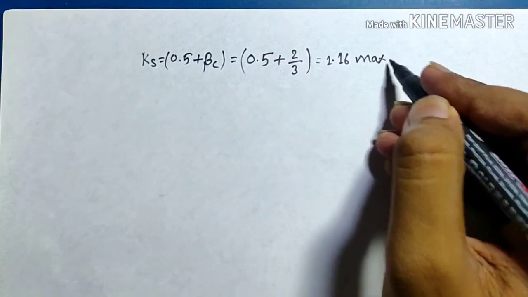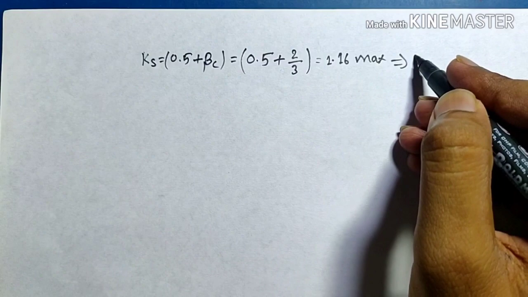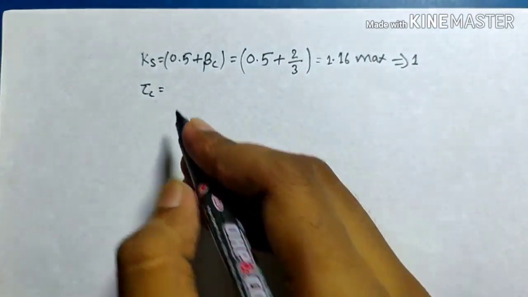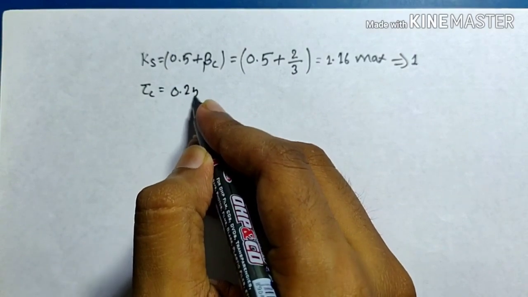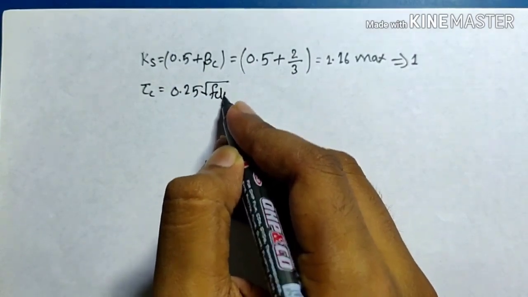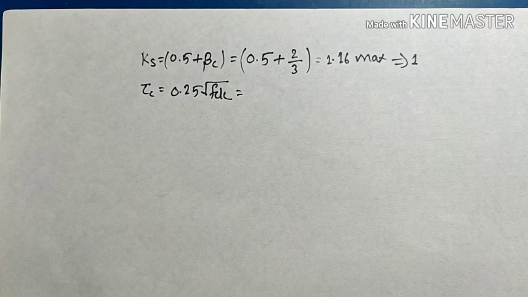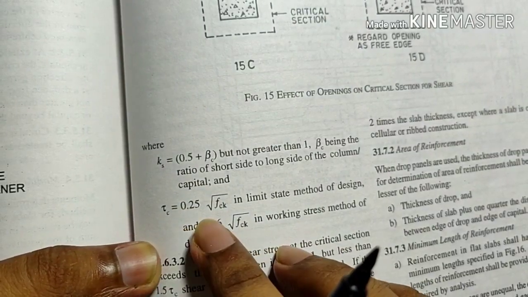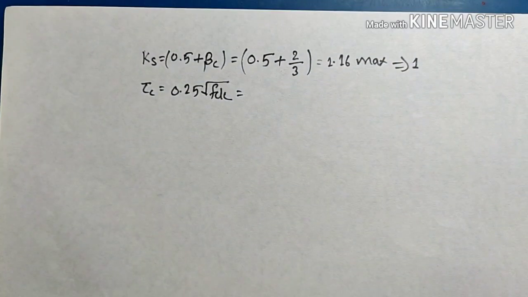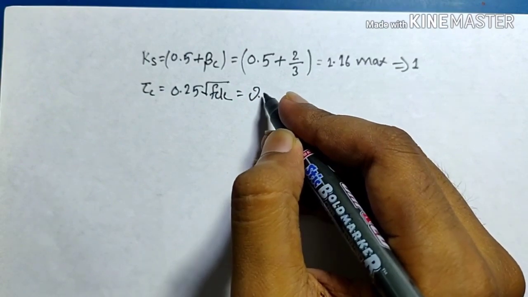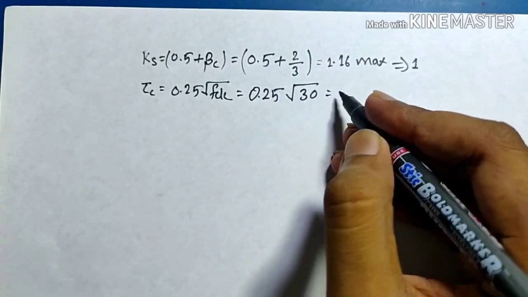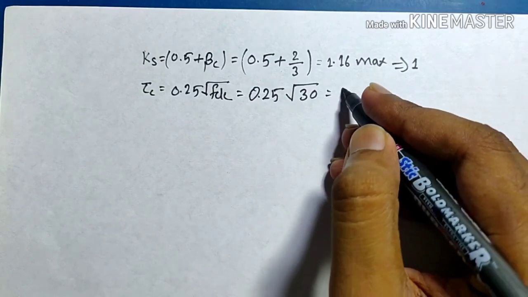So we need to take Ks equals to 1, and again we have tau C equals to 0.25 root under FCK. We have FCK equals to 30, so this is going to be 0.25 times root under 30, which equals 1.027.